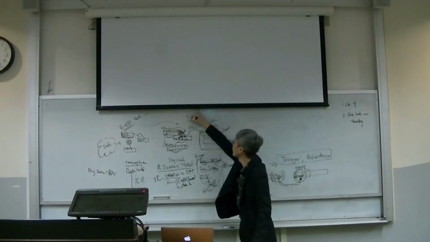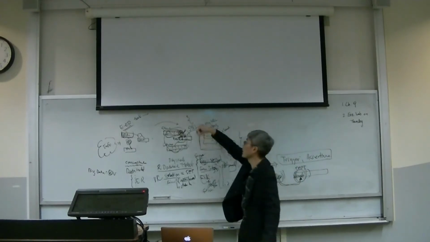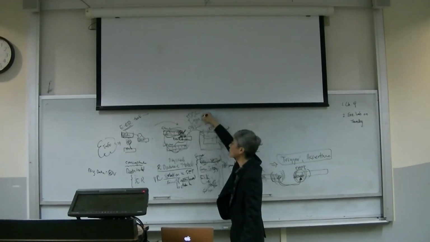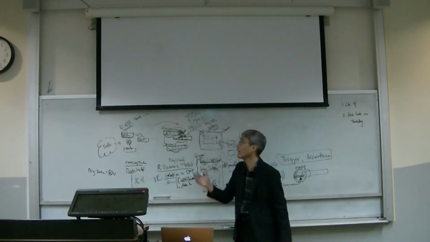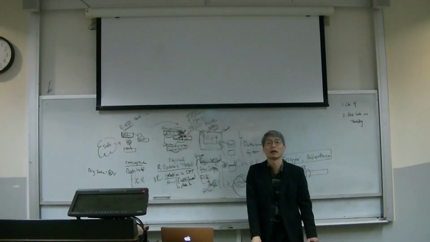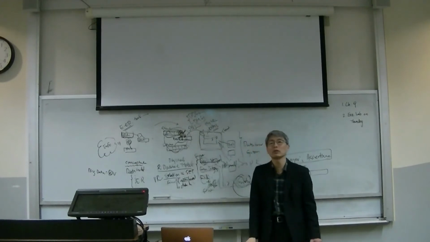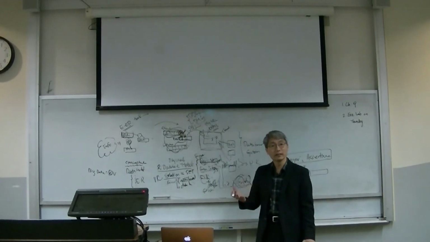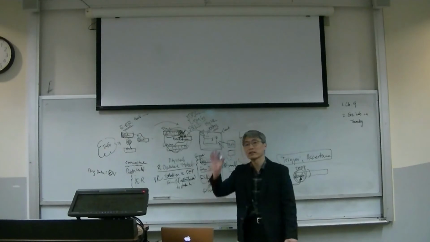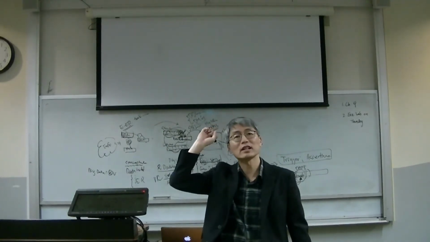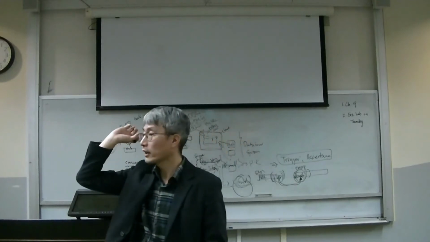SQL has two parts, as we discussed at the beginning of the semester: data definition language and data manipulation language. Data definition language is to create the schema. Then after we create the table, we are able to insert and delete the data. So the database supports CRUD also. Do you remember CRUD in the data structure class?